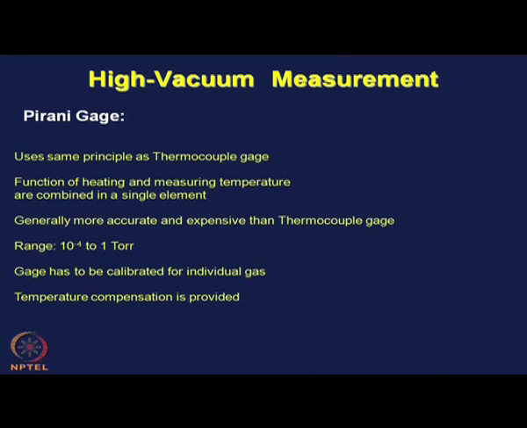The range is the same, 10 to the power minus 4 to 1 torr. The gauge has to be calibrated for individual gas, because the thermal conductivity of different gases are different. Temperature compensation is provided in a Pirani gauge.